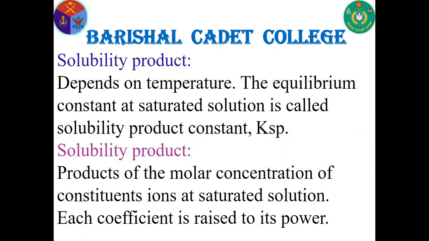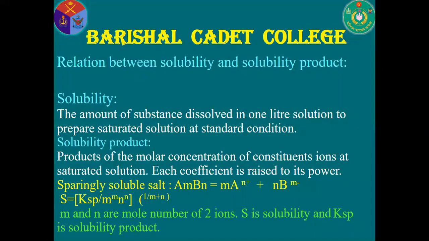Solubility product is the product of the molar concentrations of the constituent ions formed in a saturated solution, where the coefficient of each constituent ion is raised to its power.